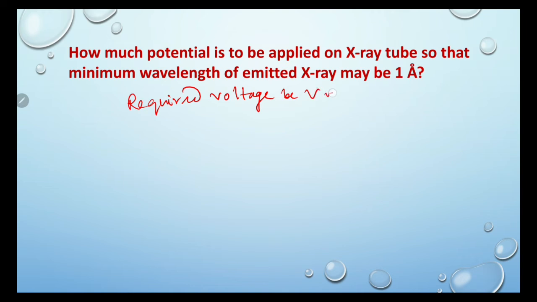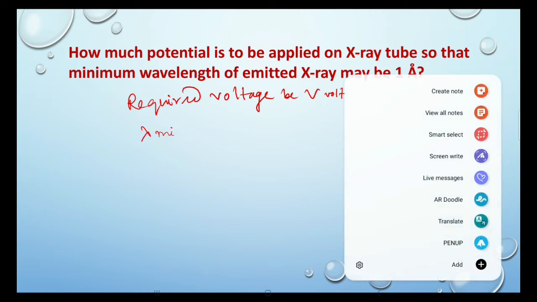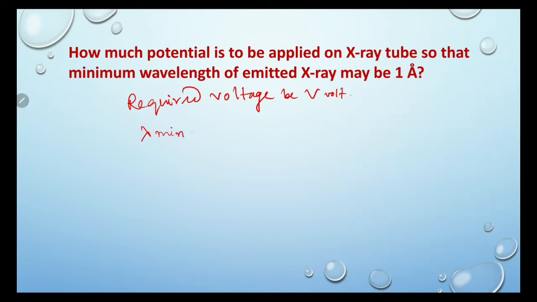You can use the equation lambda minimum equals hc by eV, or you may use lambda minimum equals 12400 by V angstrom.